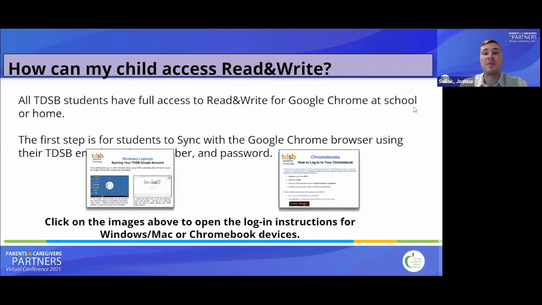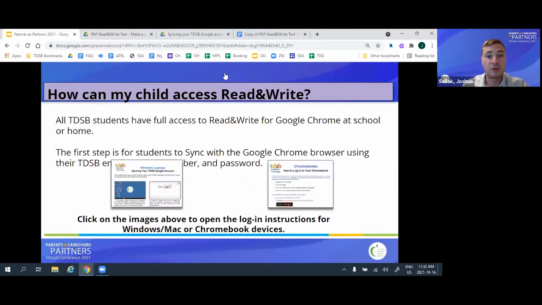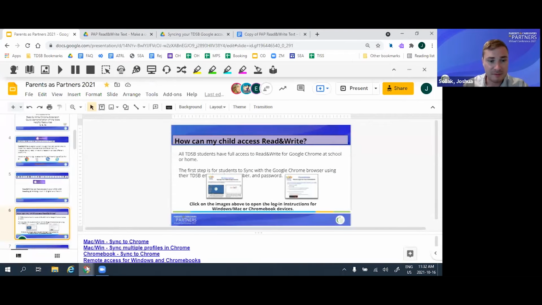So the first step will be syncing your Chrome account. What you'll need to do is ensure that you've opened up Google Chrome. Here you can see I have my Chrome icon open. If you are in Safari or in Microsoft Edge, you might not have full access to all of these features.